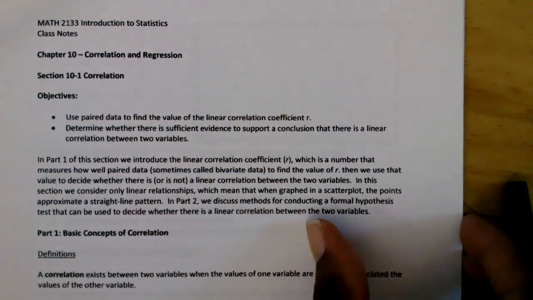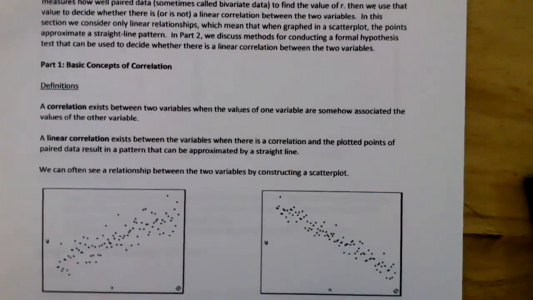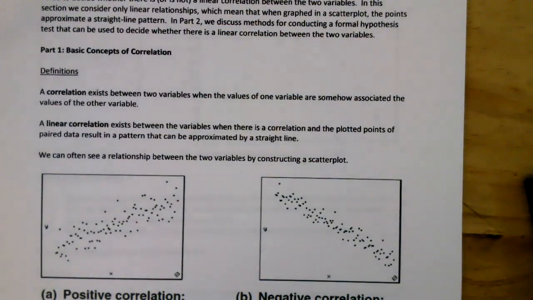Okay, so let's start off with some definitions here. A correlation exists between two variables when the values of one variable are somehow associated with values of the other variable. Okay.